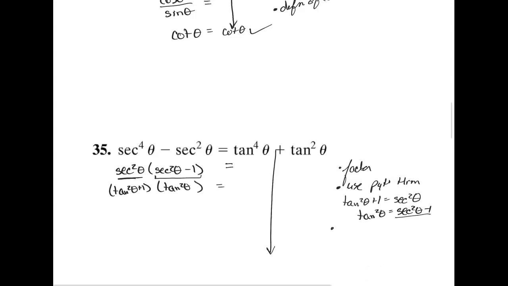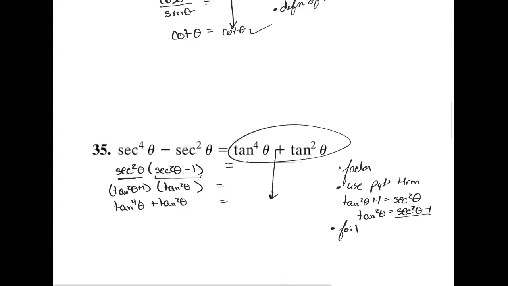And then I'm just going to FOIL. So we're going to have tangent to the fourth of theta plus tangent squared of theta. And that's exactly what we wanted on that right-hand side. So we're done.